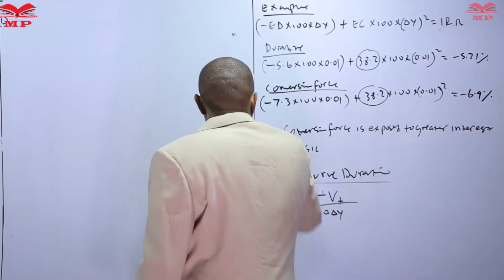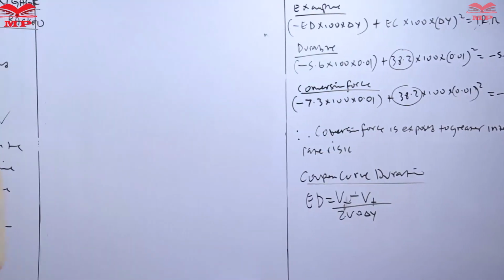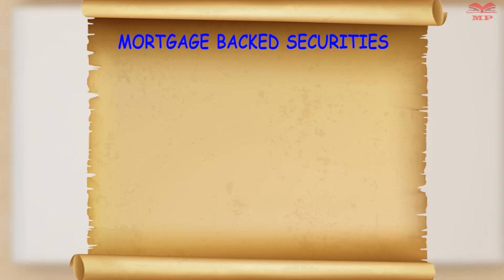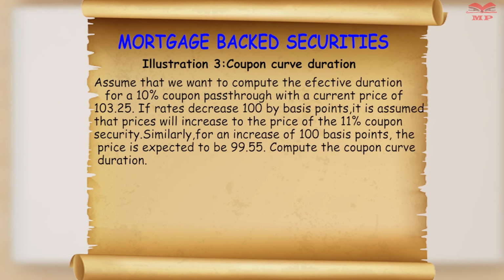That represents continuous compounding. R, risk-free rate, cost of interest, and T represents the time.